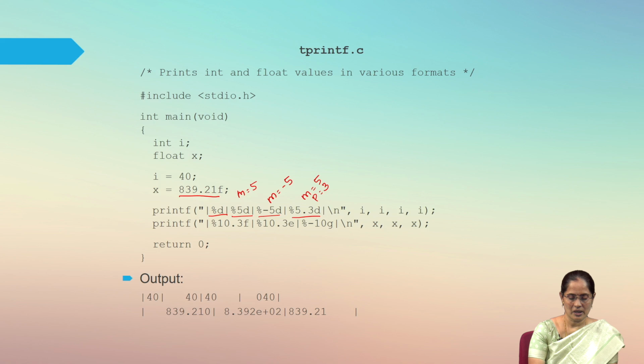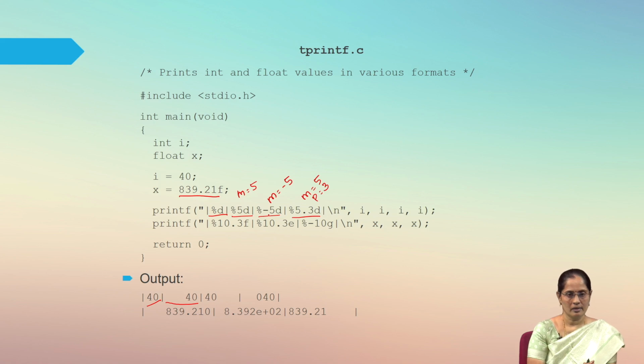In the first place %d will be just replaced with the plain value of I as 40. In the second case, we are setting up the width to be 5 places. So, out of those 5 places, value 40 is right justified, because 5 is more than 2, which is the number of digits, and we use minus 5.